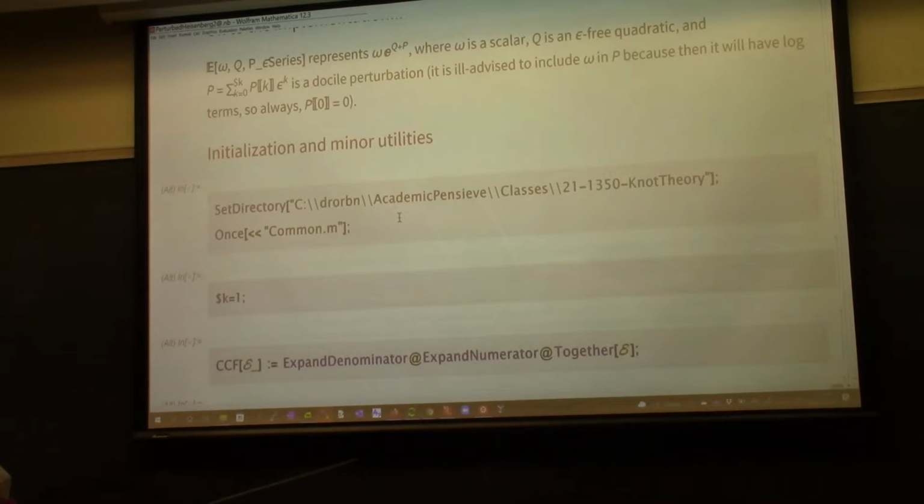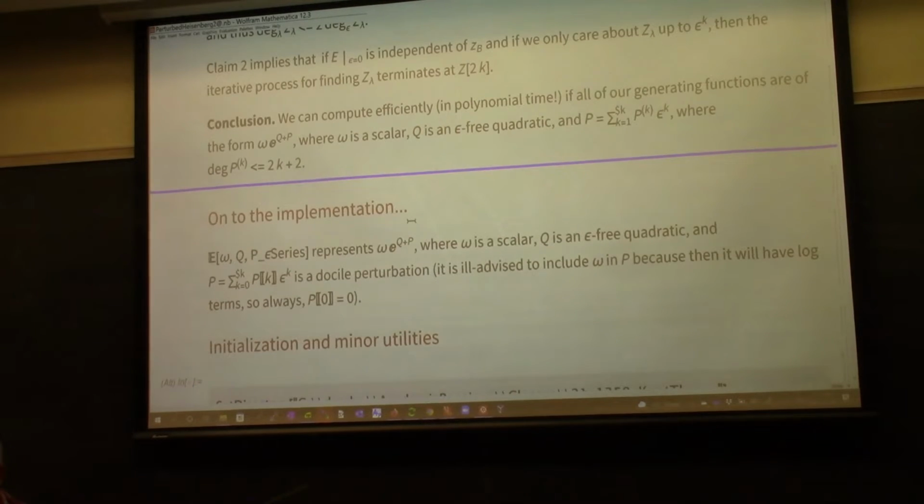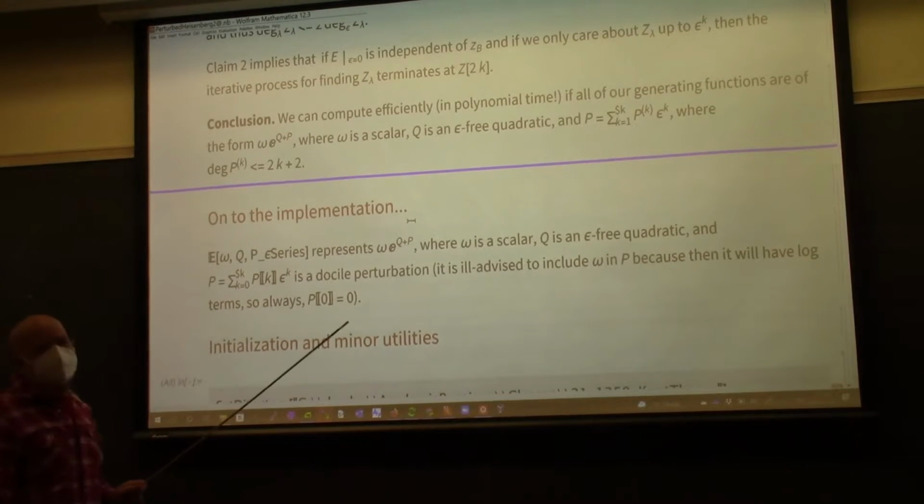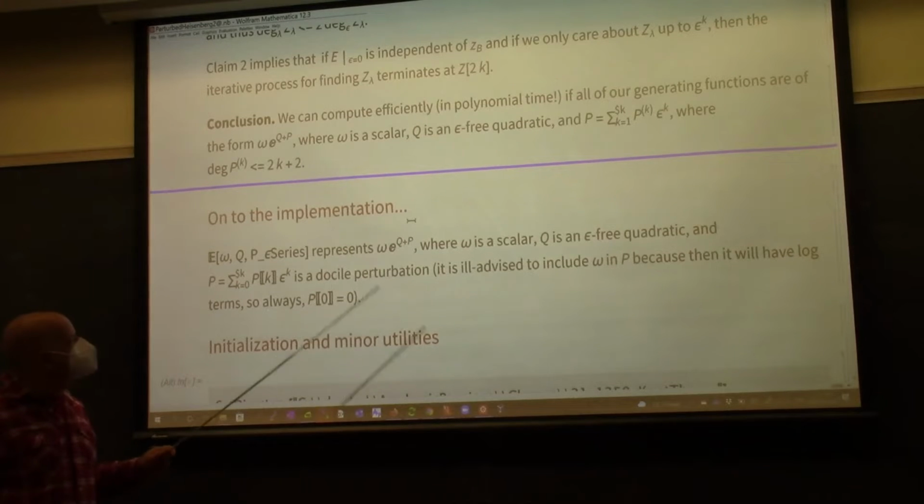Well, let's implement. What I'll have is a container structure, E, or double struct E, or blackboard E, with three inputs, called omega, q, and p, where p is of type epsilon series.